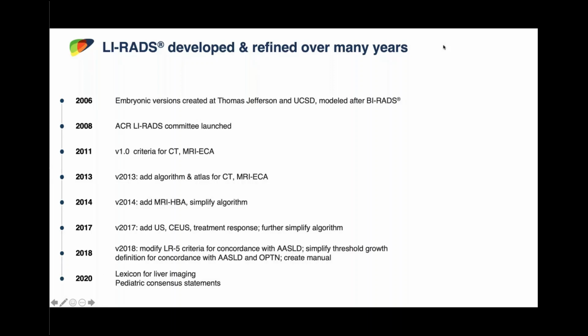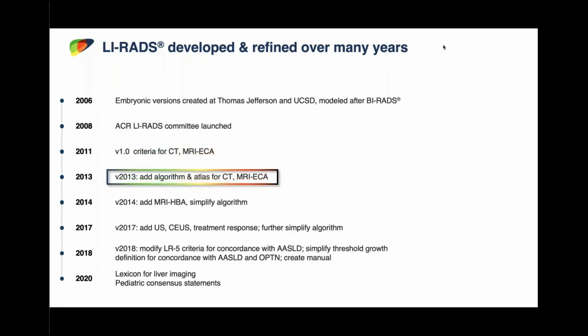And I'd like to just go over a few of the key events. So in 2008, the American College of Radiology convened a committee to develop LI-RADS at a national level. In 2011, after 3 years of effort, version 1 of LI-RADS was released, which at that time applied only to CT and MRI with extracellular agents.